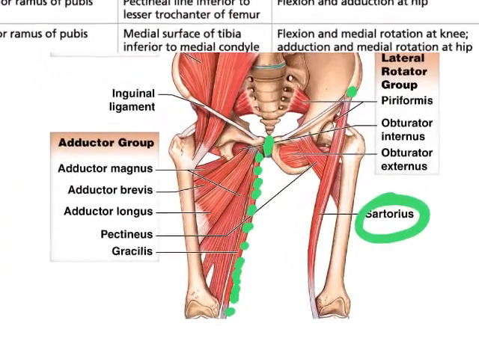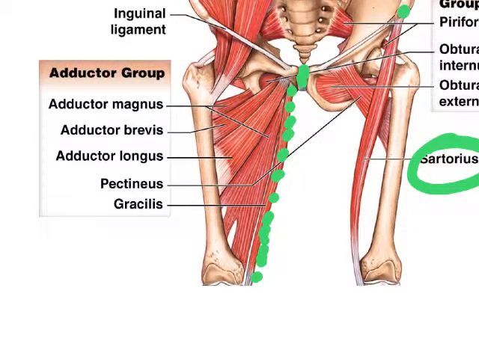If we blow up the picture, gracilis is the long skinny one that's medial. And then next to that is the adductor magnus. If we could peel away adductor longus and adductor brevis, underneath them would be adductor magnus.